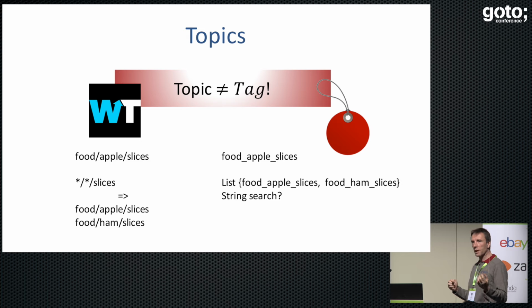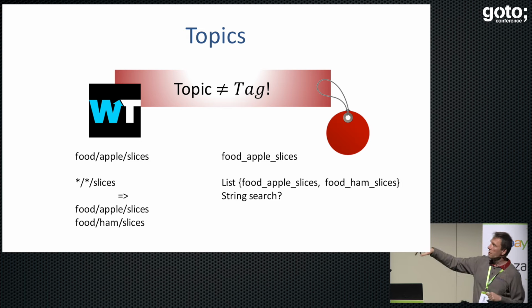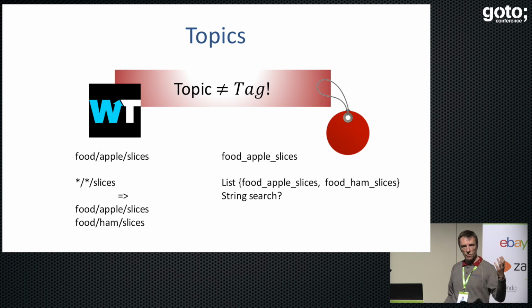So this hierarchical approach means that you can decouple what's being produced from what the subscribers are interested in. Another benefit is if you've got a subscriber who's only interested in peaches, might be peach slices, might be whole peaches, we can use exactly the same kind of structure. We can just look at peach only and wildcard the type, the slices, and only get peaches.